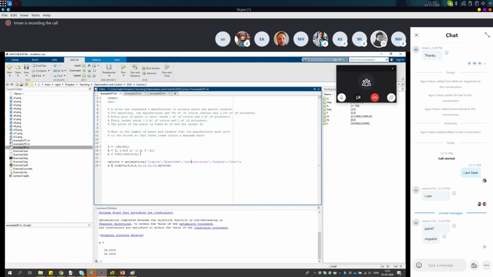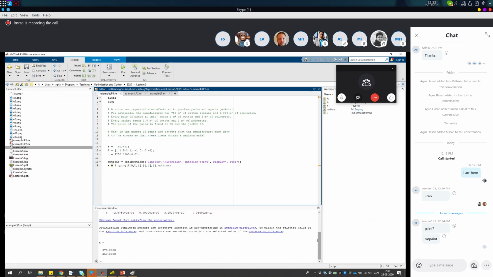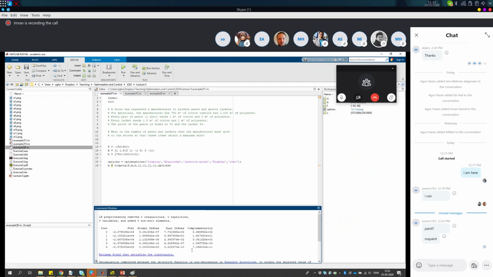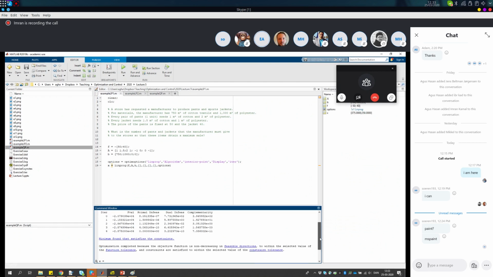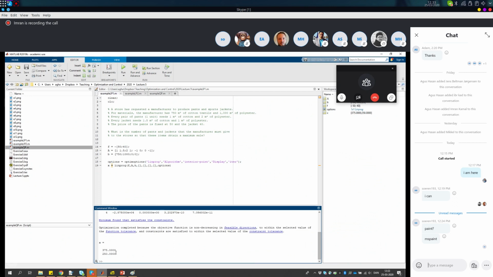In this case, I think the default is simplex. But if you want to have interior point, you need to define this. And if you just run it, you can also see how many iterations it takes to converge to the optimal point. So this is quite straightforward, and I already put this on Blackboard, so you can just download it.